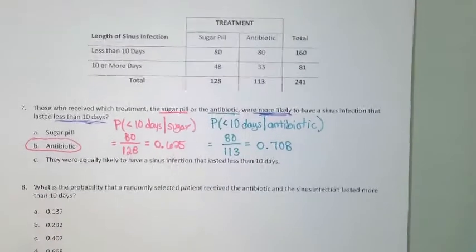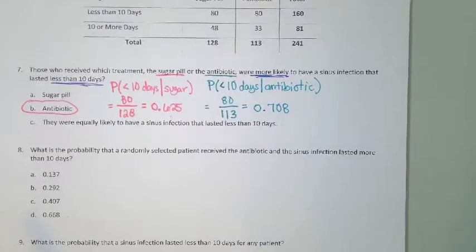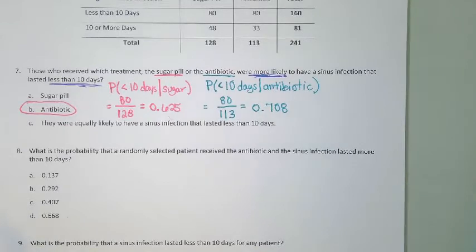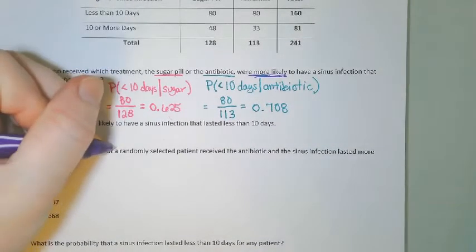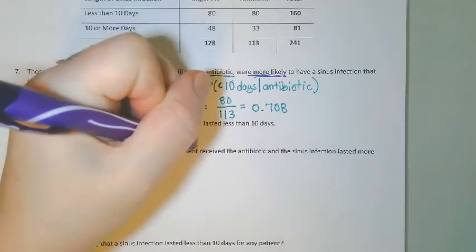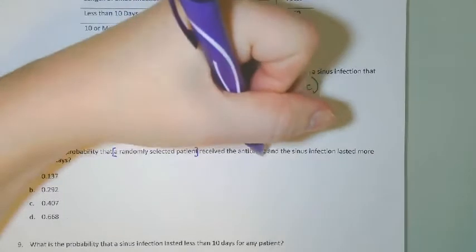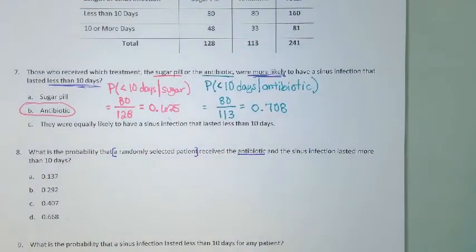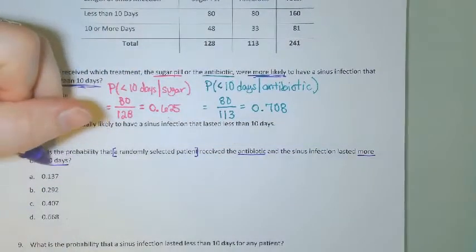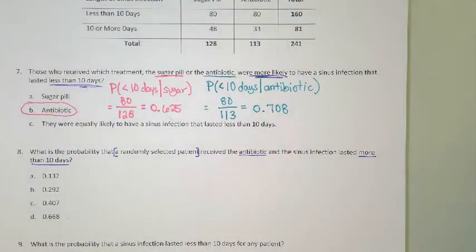Question number 8. What is the probability that a randomly selected patient received the antibiotic and the sinus infection lasted more than 10 days?